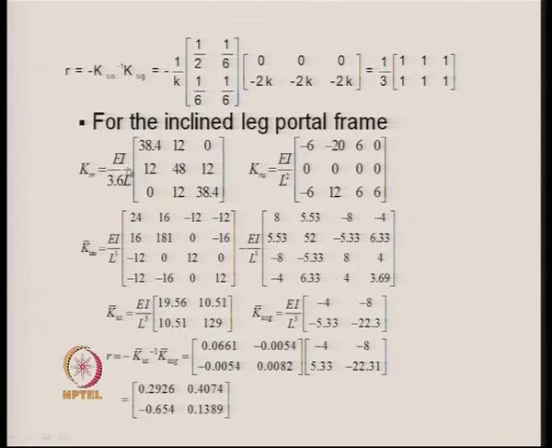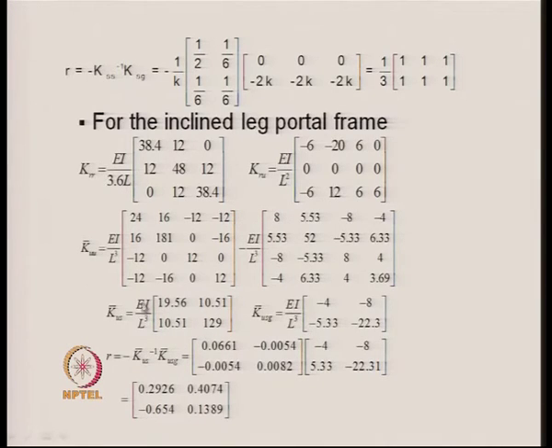Again we obtain the values of K RR and KSS, and then we condense out the rotational degrees of freedom, after which we obtain the 2 plus 2, 4 translational degrees of freedom. With respect to that, we obtain the condensed stiffness matrix.